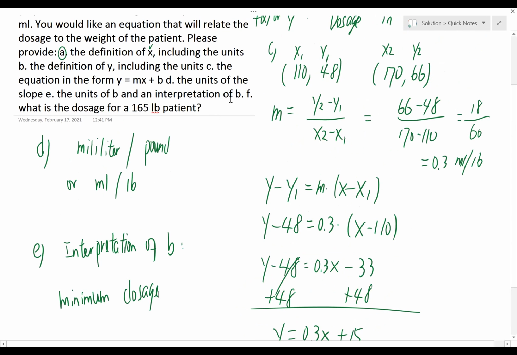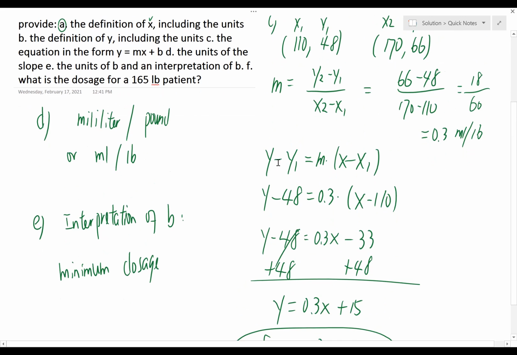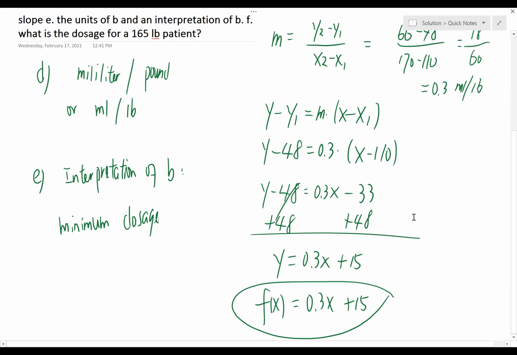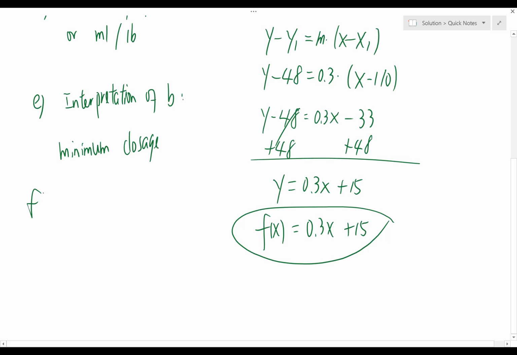And then part F: what is the dosage for a 165-pound patient? This is a very specific question. What if you have a patient who is 165 pounds? That indicates x is 165. Utilizing the function notation, we're looking at f of 165.